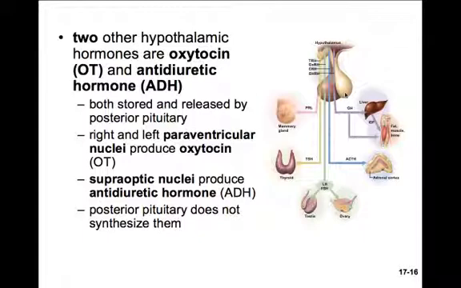You don't really need to commit those to memory, but they are the only two nuclei of the hypothalamus that we'll be addressing, so why not? Keep in mind, the posterior pituitary does not synthesize anything. It's releasing hormones that were synthesized by the hypothalamus and have projections that go all the way down into the posterior pituitary. The anterior pituitary, in contrast, synthesizes all of these different hormones.